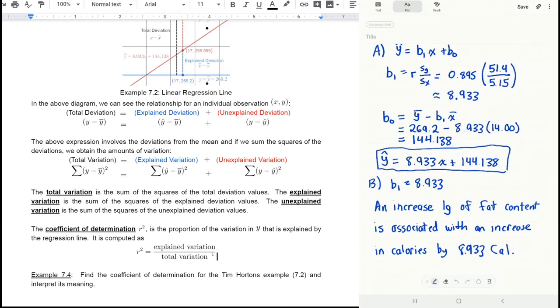It will tell us the proportion of variation in the response variable that can be explained by the explanatory variable. So we'll have a look at the coefficient of determination for the Tim Hortons example that we talked about earlier.